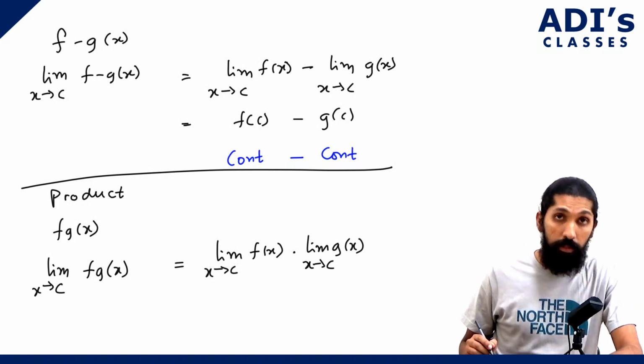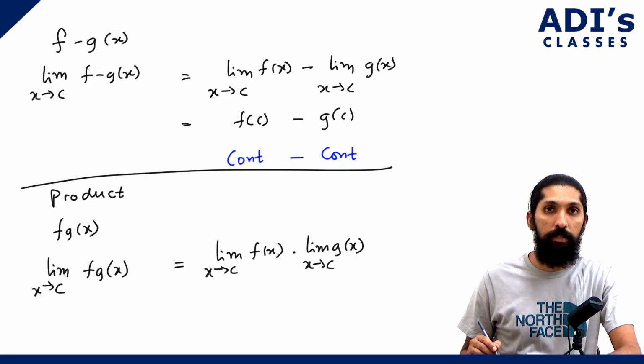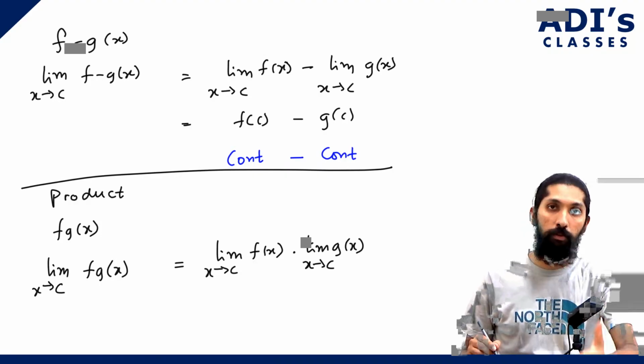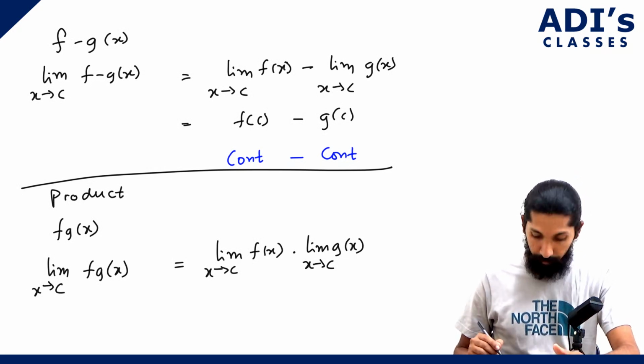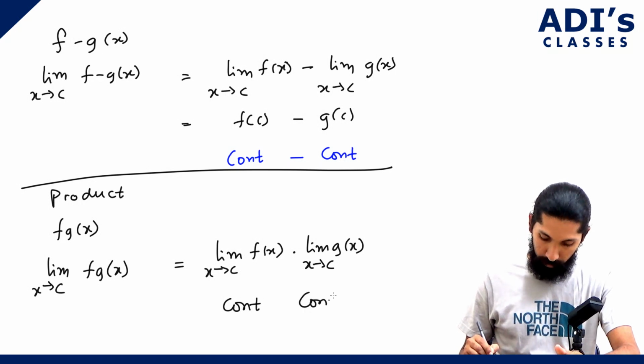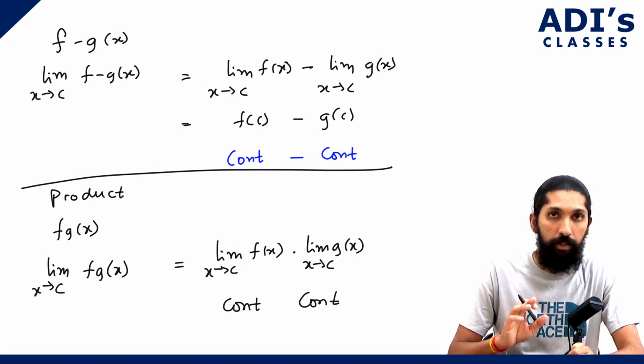Isn't it? These are all the rules of limit. You have learnt all these things in the last year. So whenever you have those limit rules, the same algebraic operations you can apply for continuity also. Now this is also a continuous function, and this is also a continuous function. So since we are doing the product, it will also be continuous.